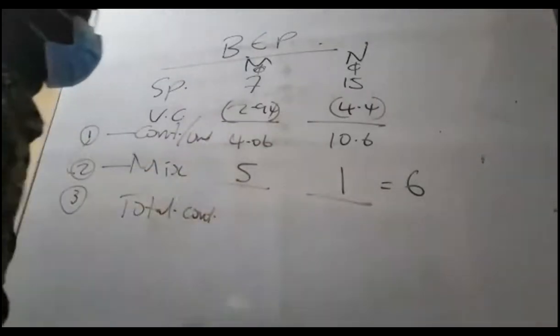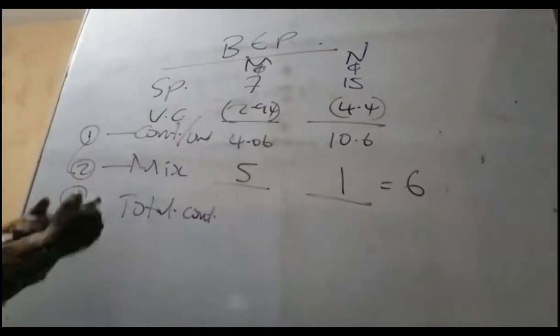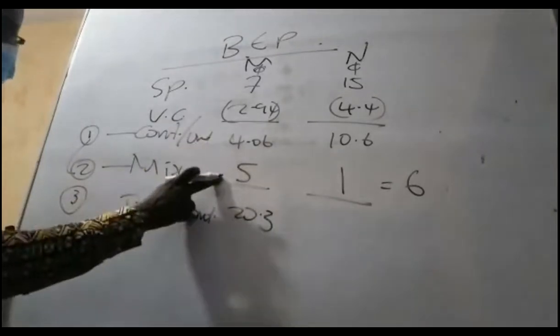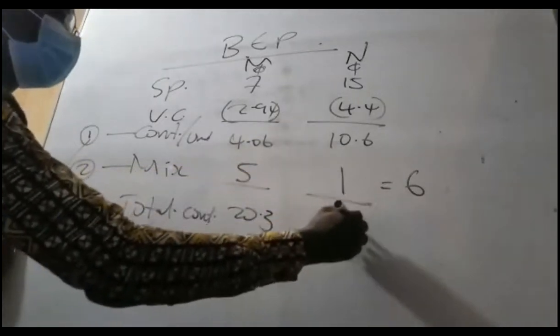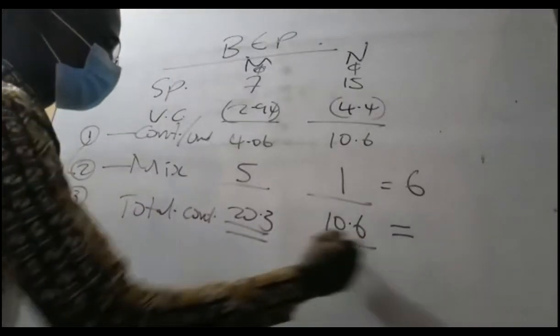So this by this, this by this. So 4.06 times 5 should give us 20.3. Agreed. And this one gives us 10.6. That one we need a total. And that's the end of the game.